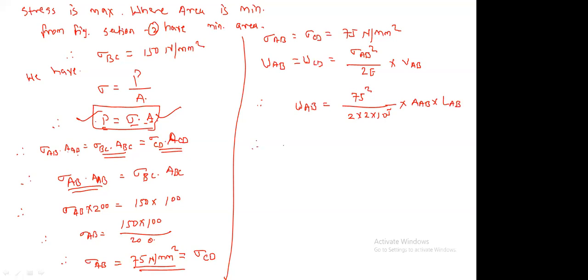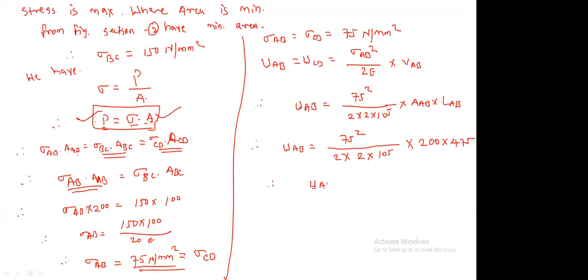So now put all the values: 75 square as it is divided by 2 into 2 into 10 raised to 5, into area of AB already given 200, into length of AB already given 475.